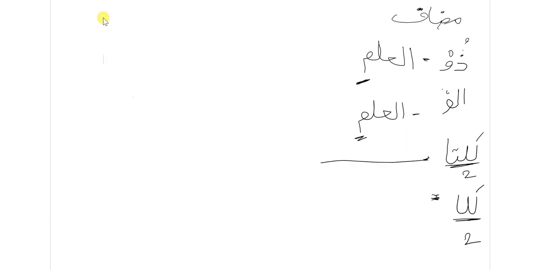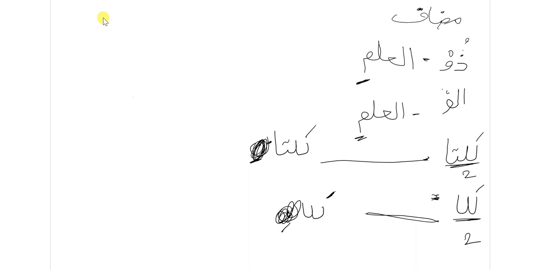The actual form of kilta was kiltani because it's tasniya, and tasniya is formed with alif noon, and the real formation of kila is kilani. But these words become muzaf, so whenever tasniya becomes muzaf, its noon is eliminated. That's why instead of saying kiltani, we say kilta, and instead of kilani, we say kila.